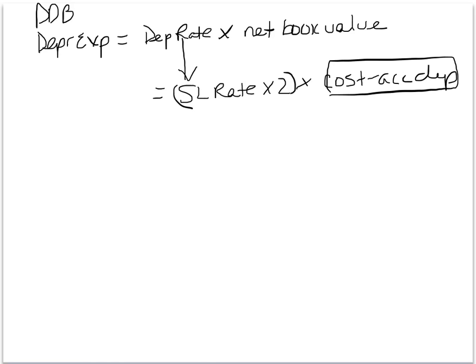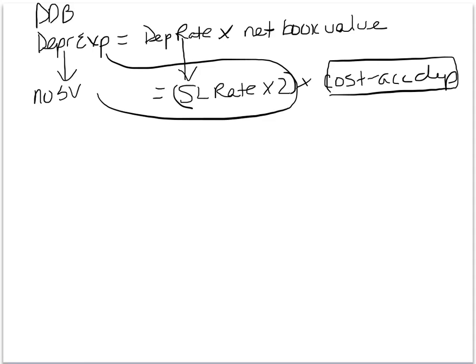So if you remember correctly, in our previous ones, it was cost minus salvage value. In DDB, no salvage value is taken into consideration to come up with the depreciation expense. However, you can never go below the salvage value anytime you do a depreciation calculation. So that will come into play when we're doing DDB.